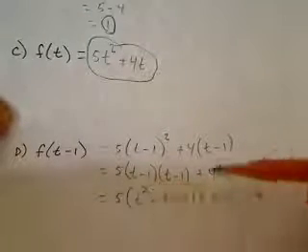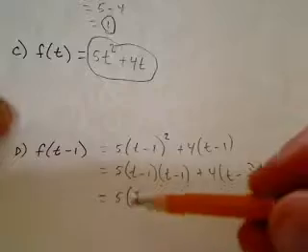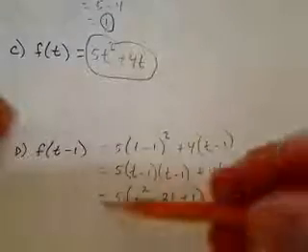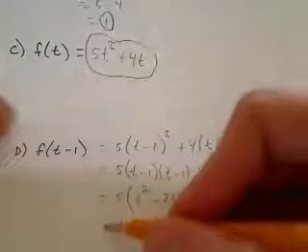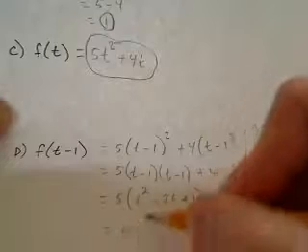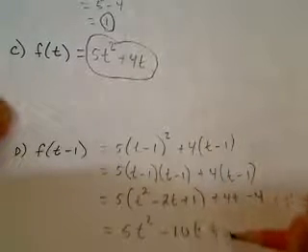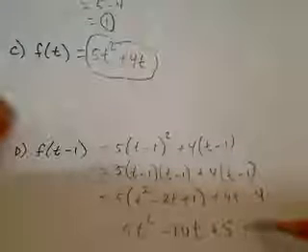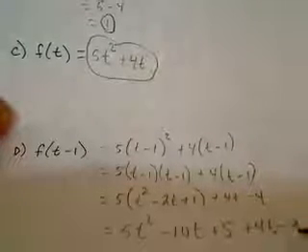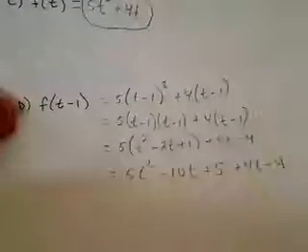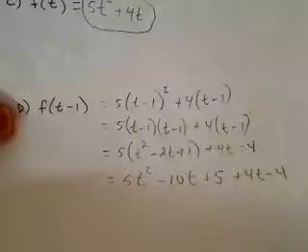Let's distribute out the 5 to the t squared, the negative 2t, and the positive 1. So we end up with 5t squared minus 10t plus 5, and then just carry down the plus 4t minus the 4. Now we're going to combine all like terms that we have in our equation so far.